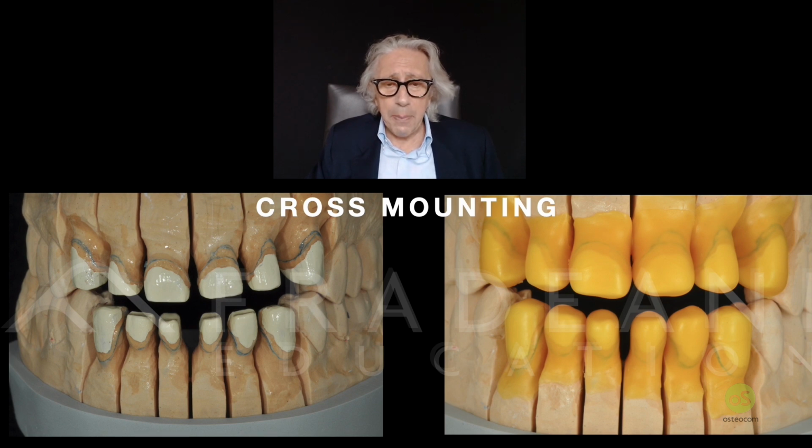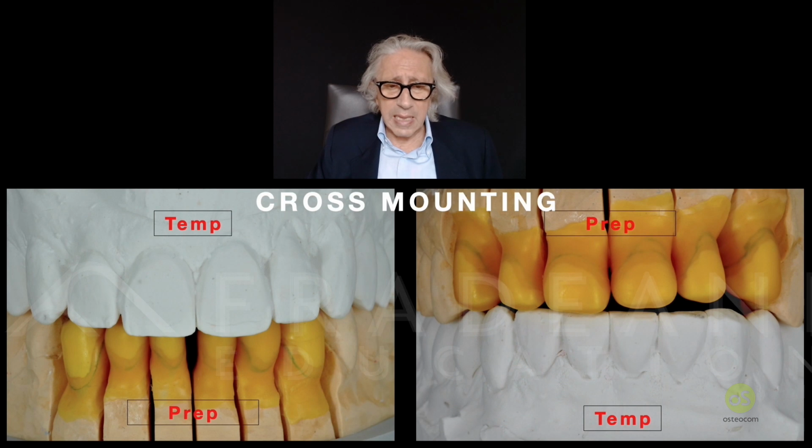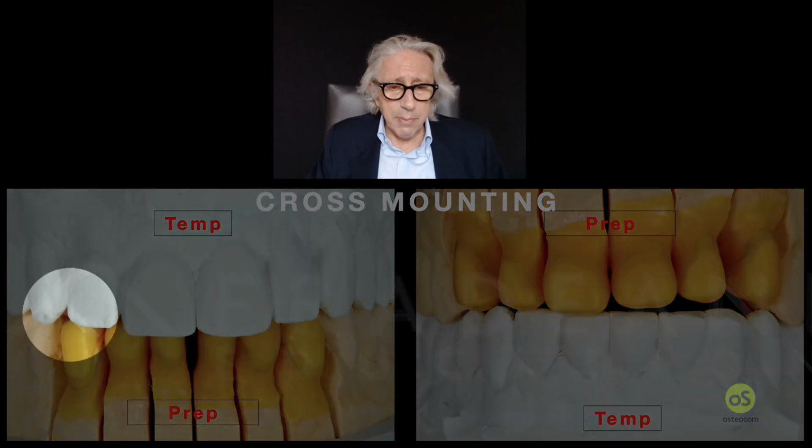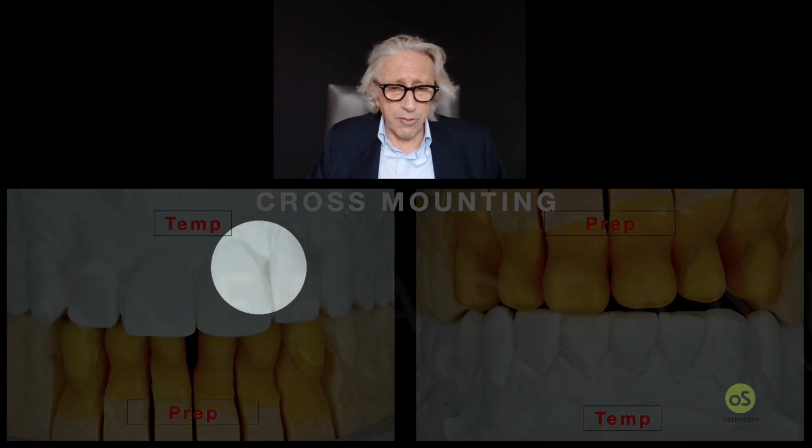You have to copy what happened on the mock-up. So we can take the mock-up of the temporaries in place, and we know how much to elongate, because then you touch the upper provisionals. So you can divide according to the provisionals that were already made and finalized before.